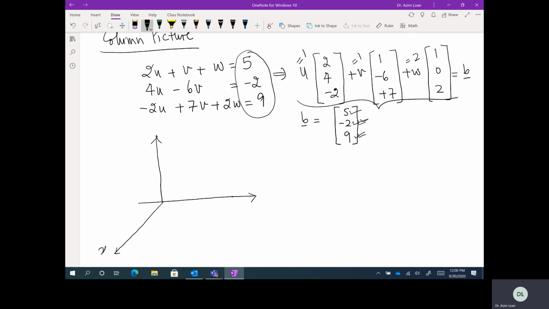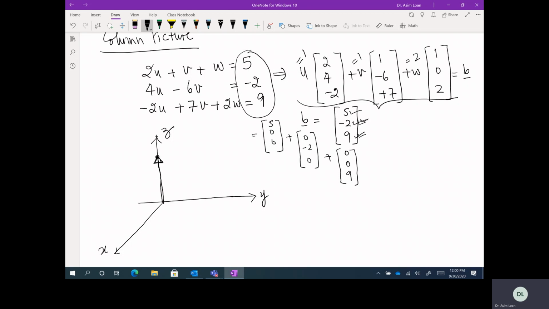So this is X, this is Y, this is Z. This is actually (5, 0, 0) plus (0, -2, 0) plus (0, 0, 9). When you add the vectors, 5 plus 0 is 5, 0 minus 2 plus 0 is minus 2, 0 plus 9 is plus 9.